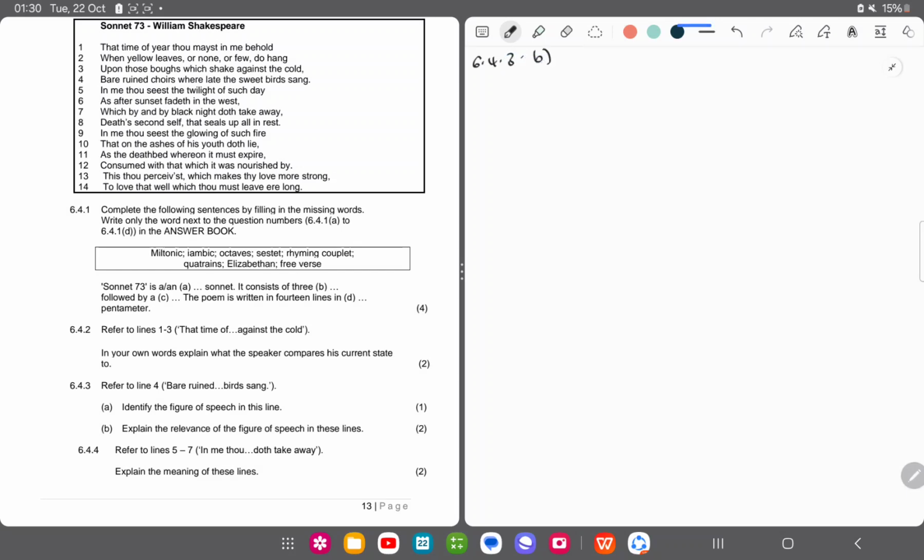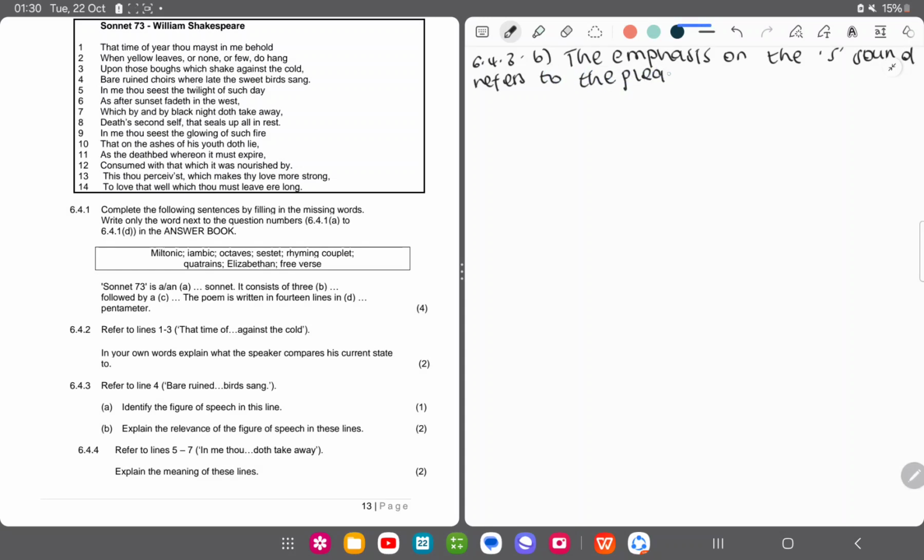So we have 6.4.3 at B, and we can say the emphasis on the S sound refers to the pleasant sound.